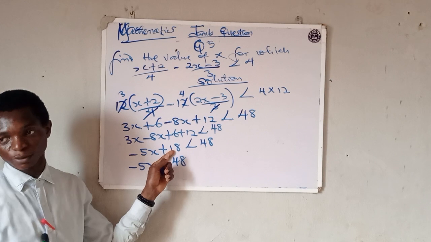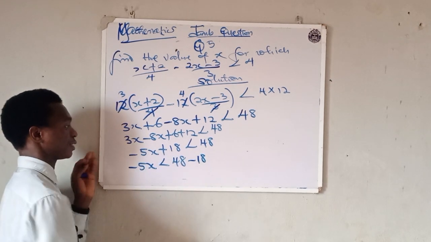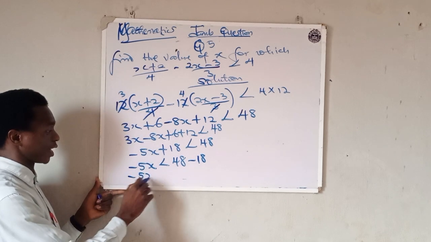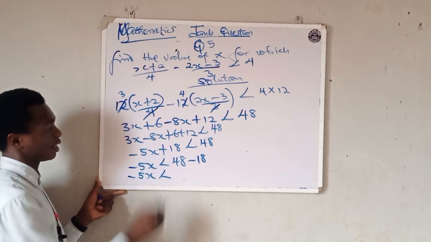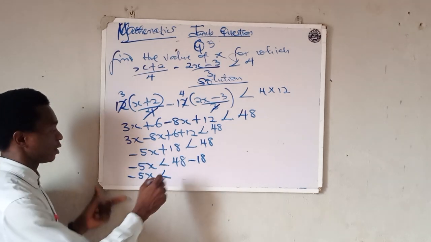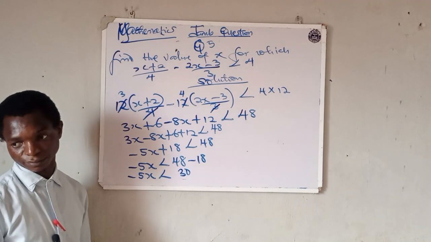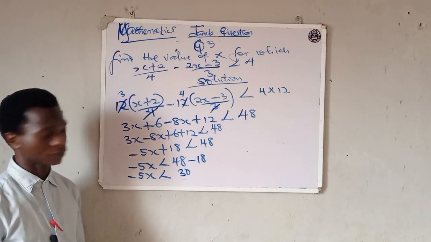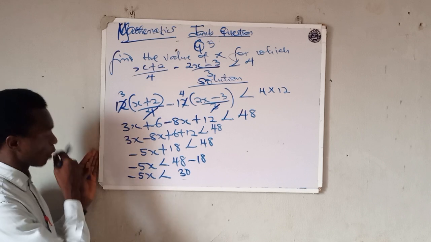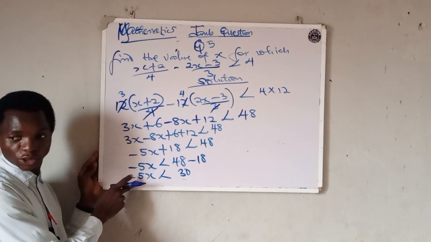Take your 18 to the right-hand side; it changes to minus 18. Minus 5x is now less than 48 minus 18, which leaves 30. Next up, you are going to divide both sides by minus 5.